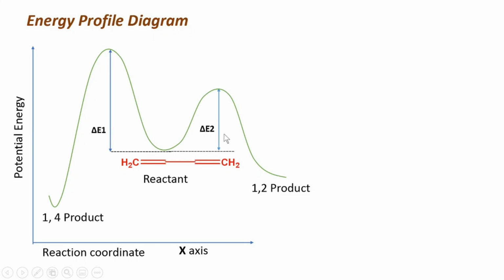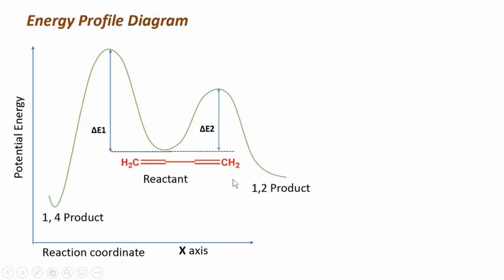The 1,2 product is still formed faster at low temperature, but it is less stable than the 1,4 product. But at high temperature, the intermediate ions, that is the allylic carbocation, have sufficient energy to cross this energy barrier, or also this energy barrier.